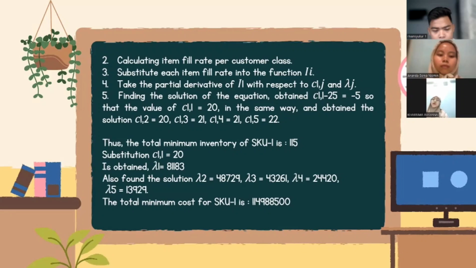The total minimum cost for SKU 1 is 114,988,500.